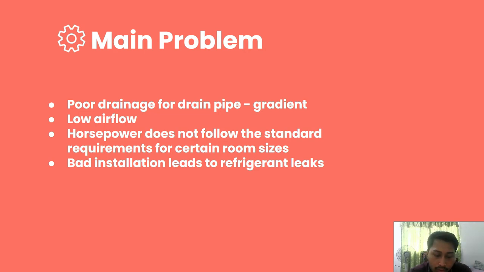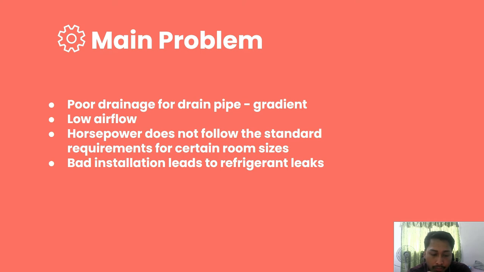The third one, the horsepower does not follow the standard requirements for certain room size. In this kind of problem, our technician or installer plays a big role in installing the aircon unit, because this is the first thing that we need to master, that we need to know about: how to determine the horsepower for a room that may be smaller or bigger.